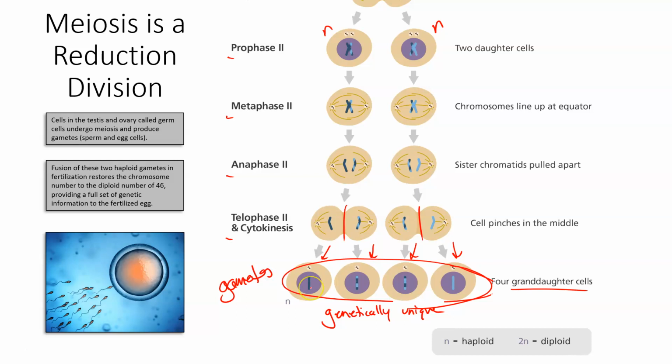You will also notice that because of our recombination step in prophase 1 of meiosis 1 and the crossing over that took place, all of these individual gametes are genetically different and would result in genetically unique offspring if each one of these were to successfully fertilize an egg, if these were the sperm cells. Okay?